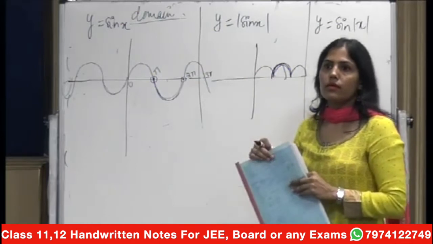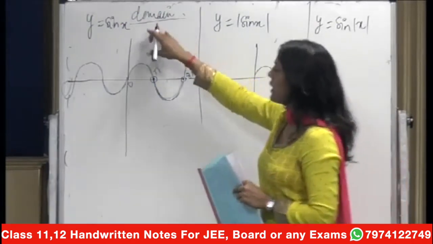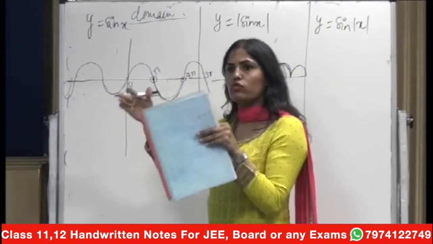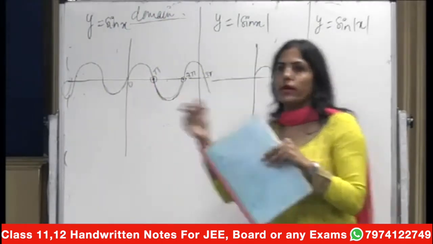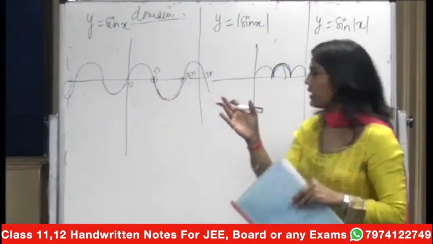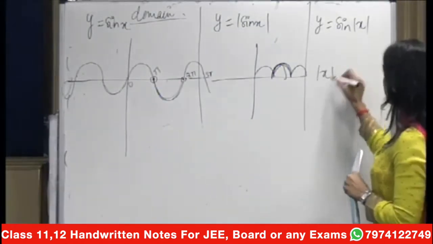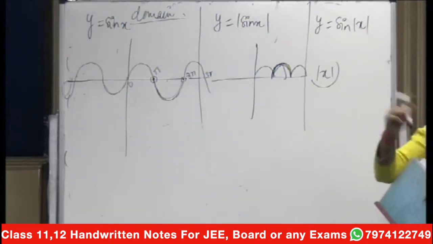How do we find the range? Range means, the domain is defined for all the values, and for all those values you just check what values you are getting. I will just give you the simple mod function. Mod function means that it will map every value to its positive.